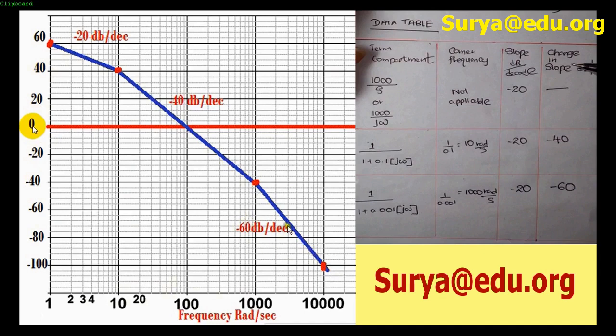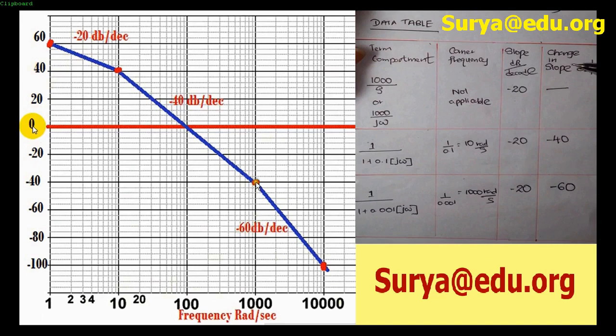So be very careful about the unit. It's not decibels, it should be decibels per decade. So what is the change? Minus 60, because you have clearly calculated minus 60, which takes place starting from the 1 divided by 1 plus 0.001 j omega compartment to upcoming compartments, or for upcoming frequencies. So the change in the slope starting from the third compartment to upcoming frequencies is minus 60 decibels per decade.